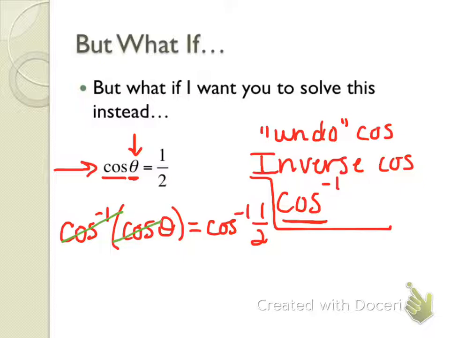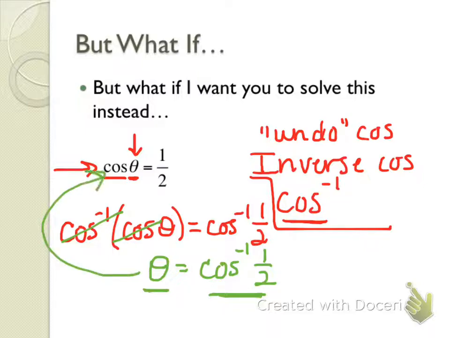And so what we end up with then is that theta should equal cosine -1 of 1/2. So in other words, inverse cosine of 1/2 should equal our theta, which represents an angle measure. And this still means the same thing as what this did. So this still means, what is an angle that if I took the cosine of it, I would get 1/2 as an answer?